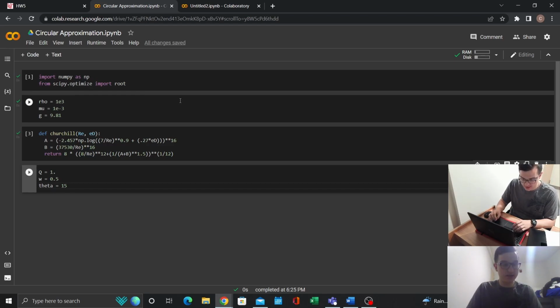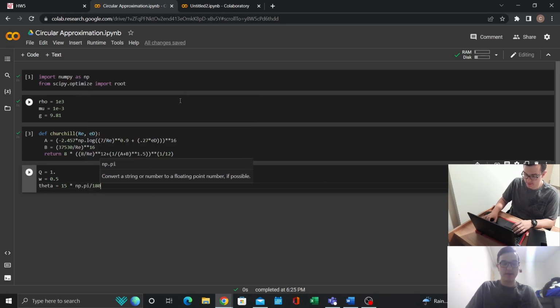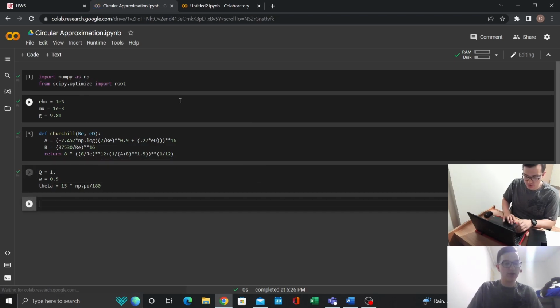We're going to need to do sines, so we're also going to want to turn into radians. So numpy.pi divided by 180. That should be good.